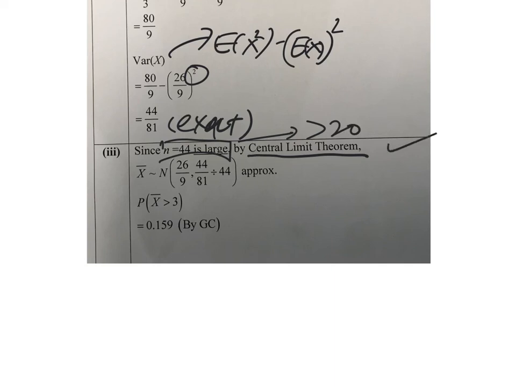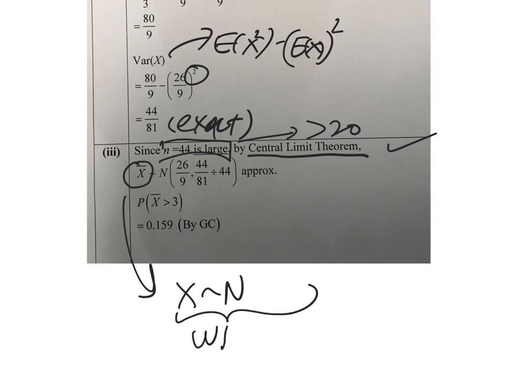What is the problem is that instead of writing the distribution as X bar, you wrote it as X follows normal, which is wrong. When you apply CLT, it is for the mean, the X bar distribution. So this is the first mistake that I see.